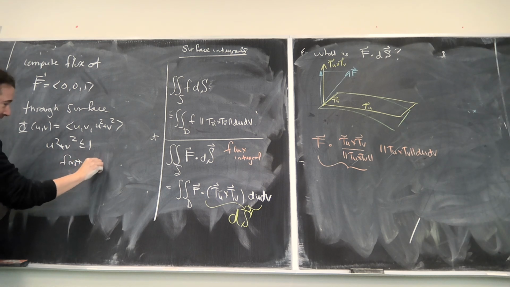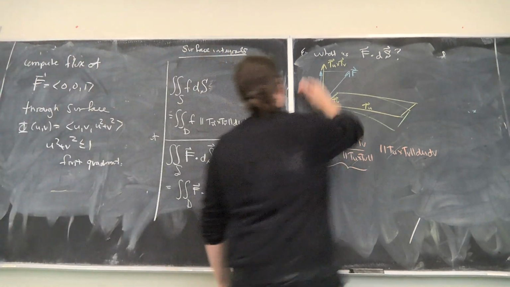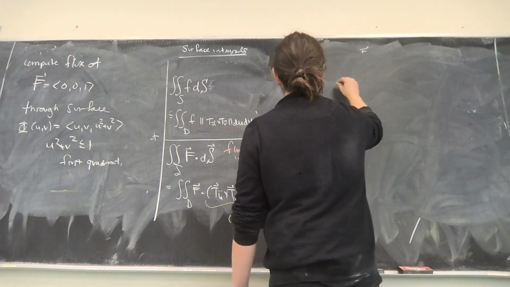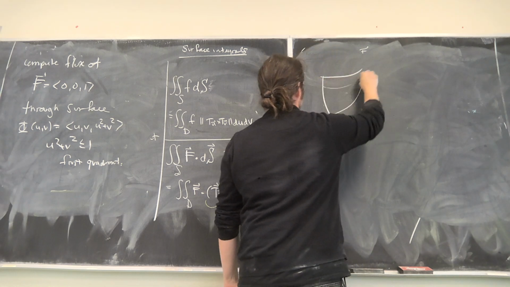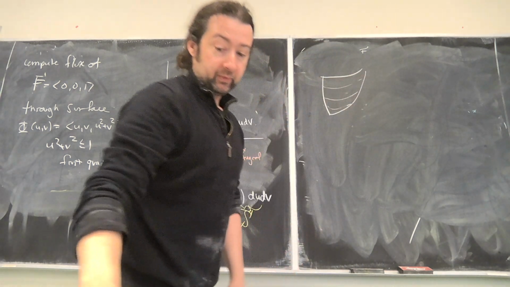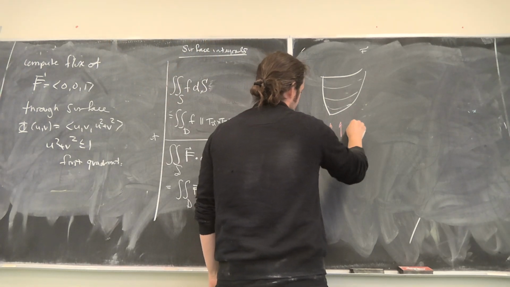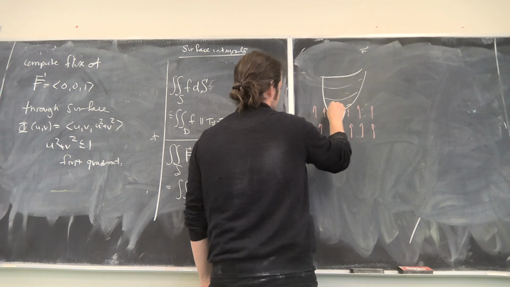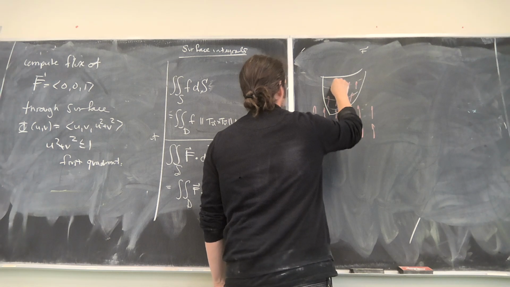So I'm just going to beat this example to death. What I'm asking is, if I took my picture of that quarter paraboloid, I've got this quarter of a paraboloid here, and I immerse it in a vector field where every vector points in the positive z direction with length 1, and I ask for the flux.